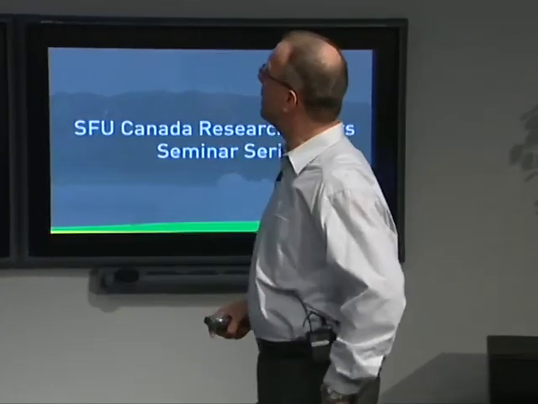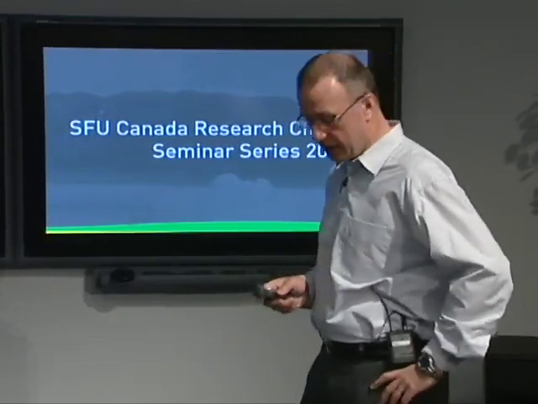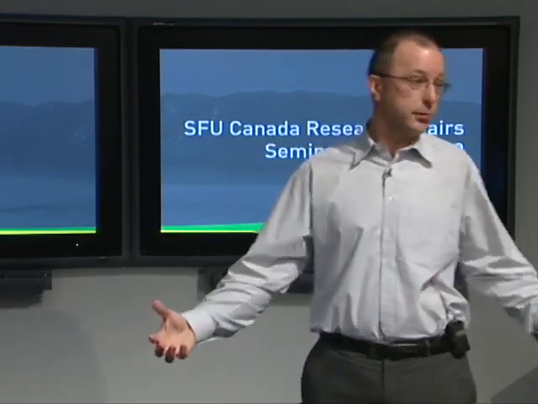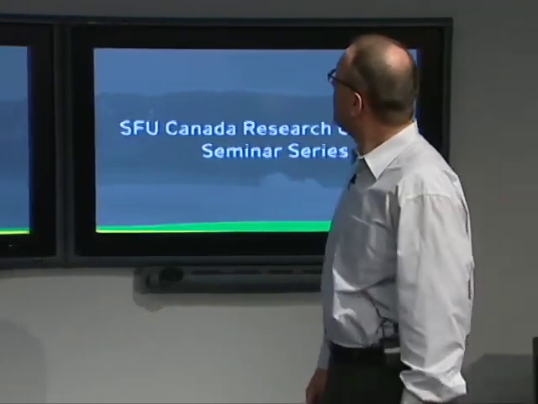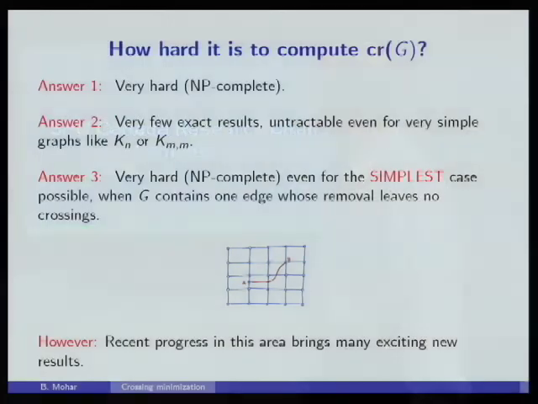But even finding the minimum number of crossings is very hard. It's more or less intuitively obvious, because we can't solve the problem even for very simple graphs like the complete graph, with no real structure. It must be hard. The underlying notion is NP hard, NP complete. That's what people working in complexity theory understand very well.